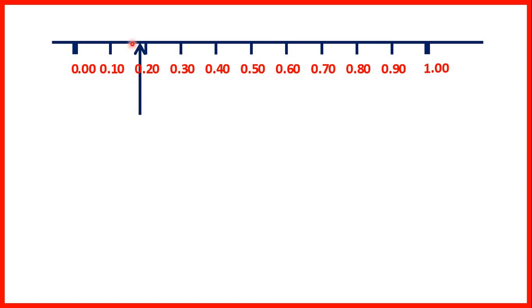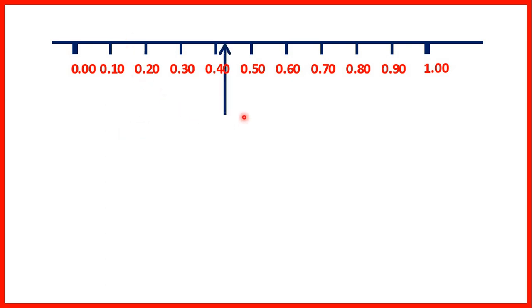Well, we can see that the arrow is now not right in the middle. The arrow is closer to 0.2 than 0.1. So I would estimate that the arrow is pointing to 0.18, or perhaps 0.17 or 0.19, but definitely more than 0.15.